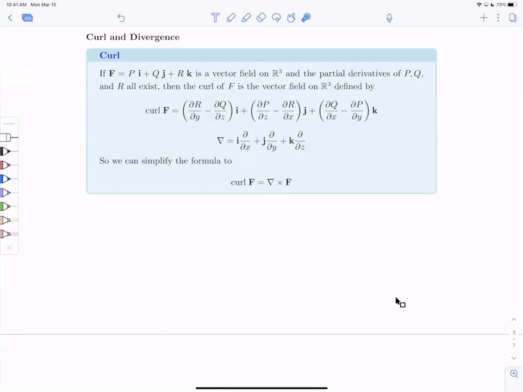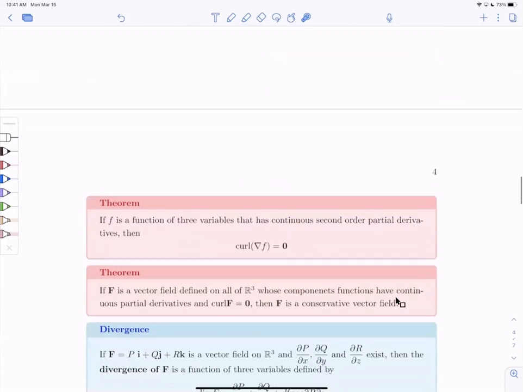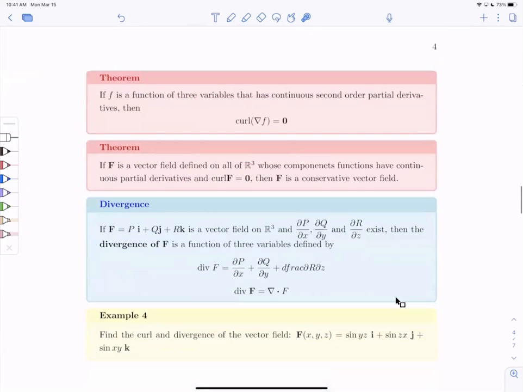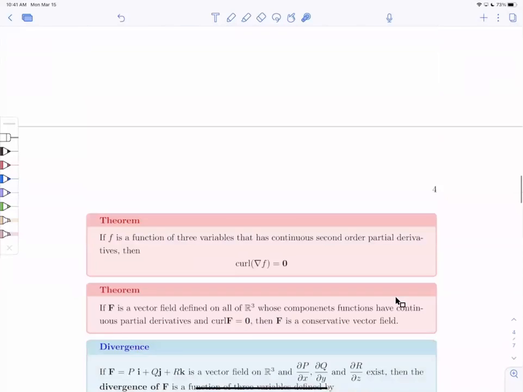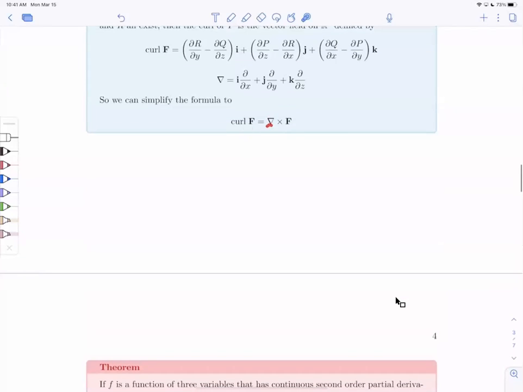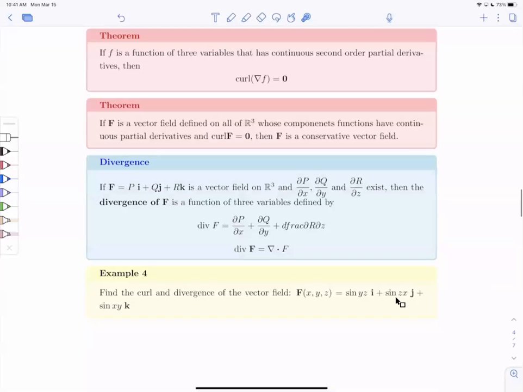If you don't remember, then memorize this formula, or you don't need to memorize it because it's online anyway. It's open book. So this is curl, and divergence is just dot product instead of cross product. That's pretty simple, I think.